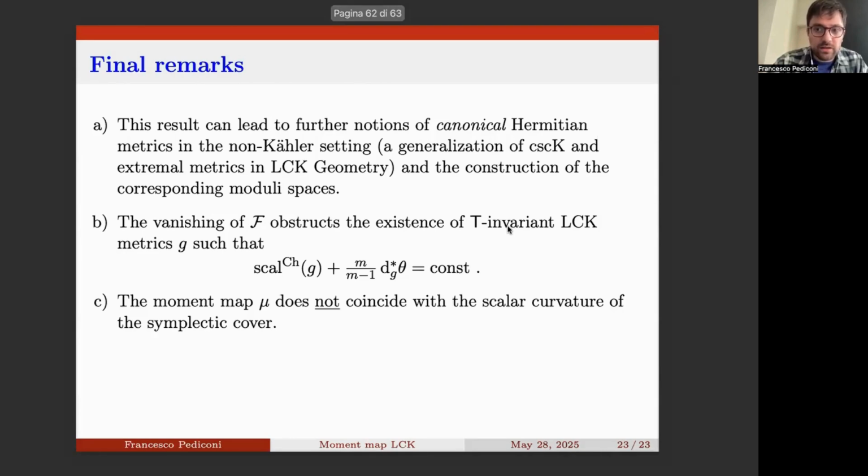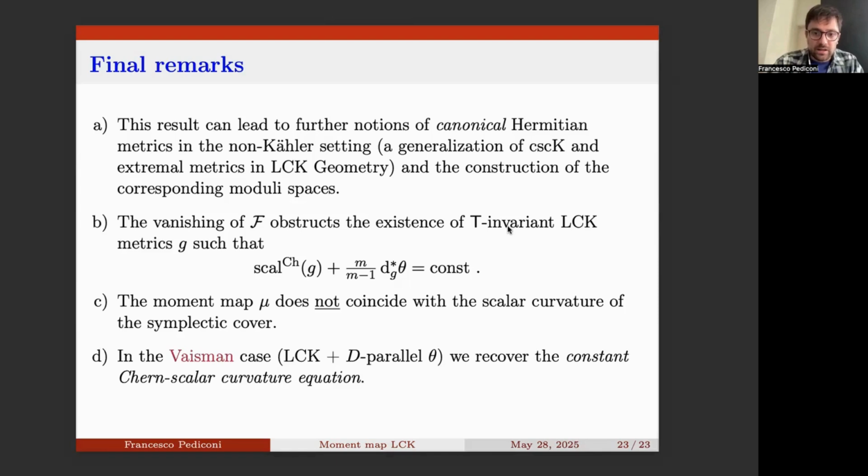And another thing to say is that if you remember, whenever you have these locally conformally symplectic manifolds, you have a symplectic cover, but the moment map we found on the locally conformally symplectic manifold does not coincide with the scalar curvature on the symplectic cover. So this is really a feature of the lcK geometry in a sense.